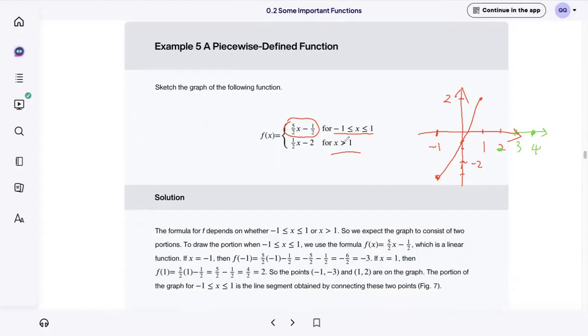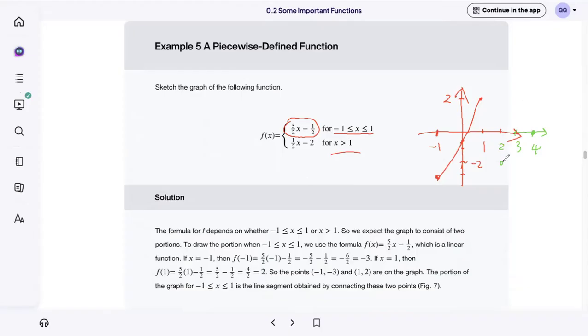So the domain is greater than 1, but not equal to 1. What do we do? We make an open circle. So I'm going to erase this. Here, at x value 2, y value is -1, we're going to make an open circle.